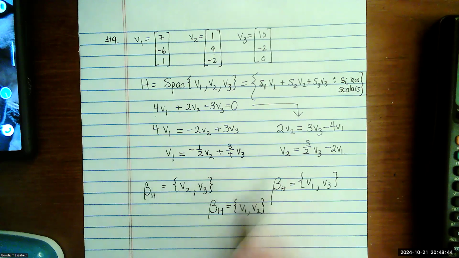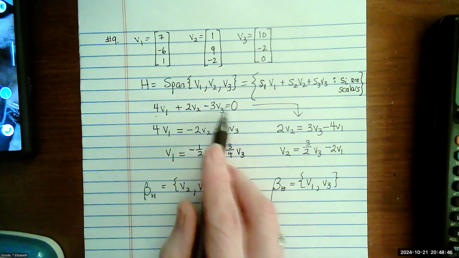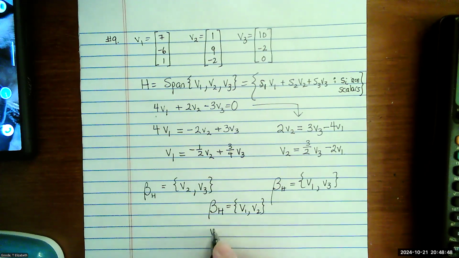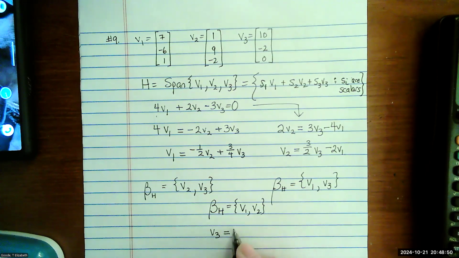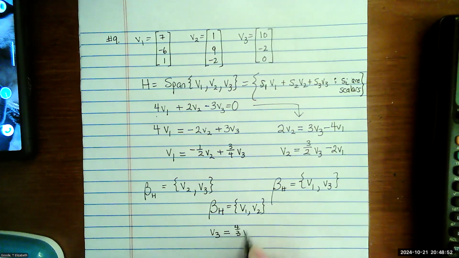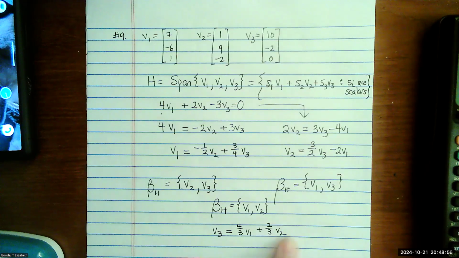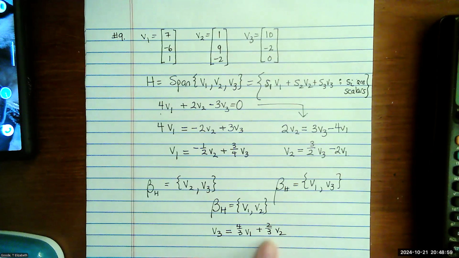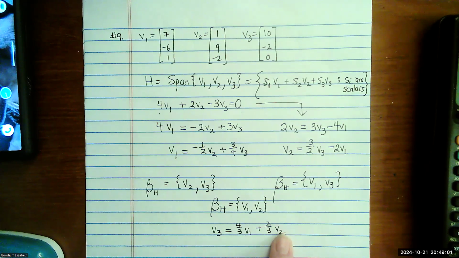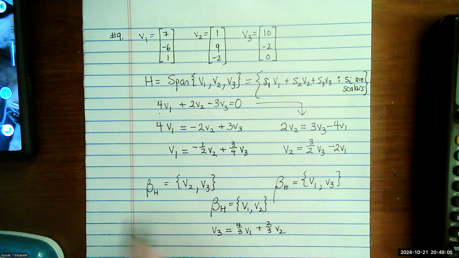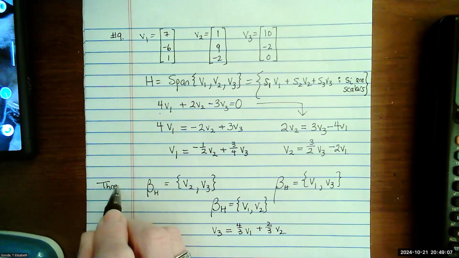You could solve for v3 in terms of the other two. That means v3 is kind of superfluous because v1 and v2 do all the work that v3 does. So any one of these three answers would be correct.